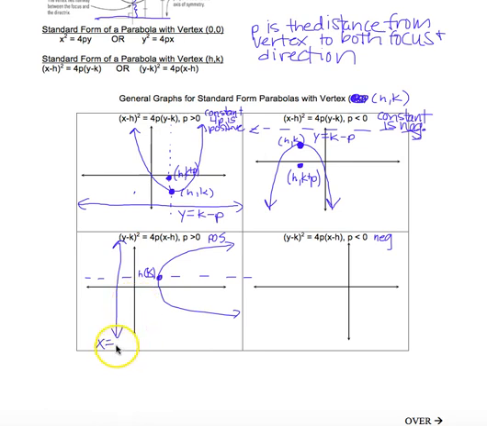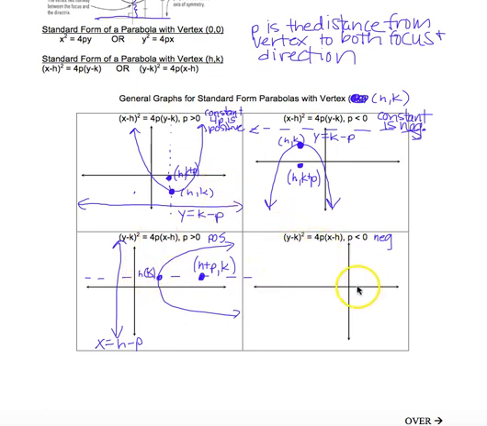We're going to go h, and then since I'm going to the left and it's positive, that means I'm subtracting, so x equals h minus p. And then I try to make it the same distance, because focus and directrix are the same distance from that vertex, so I would be adding to the h coordinate the p value to get my focus.